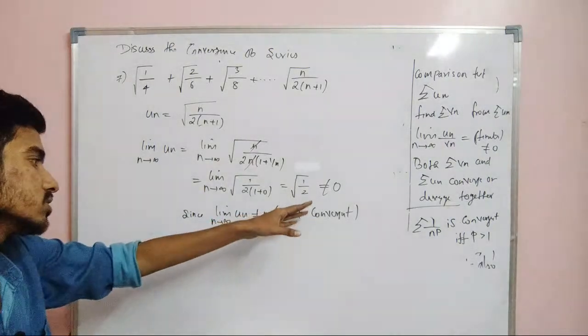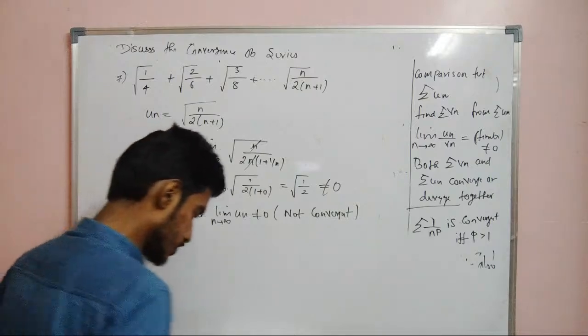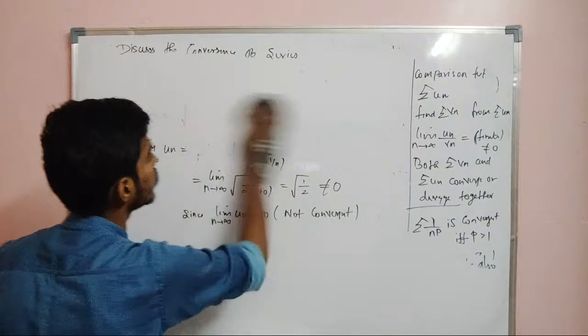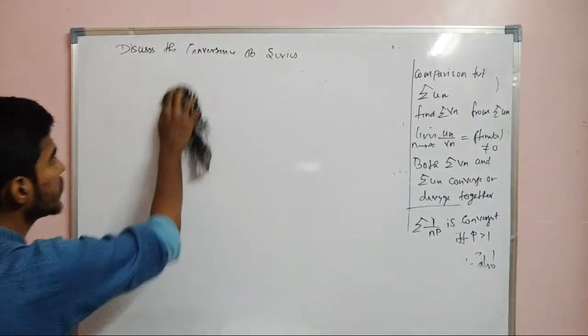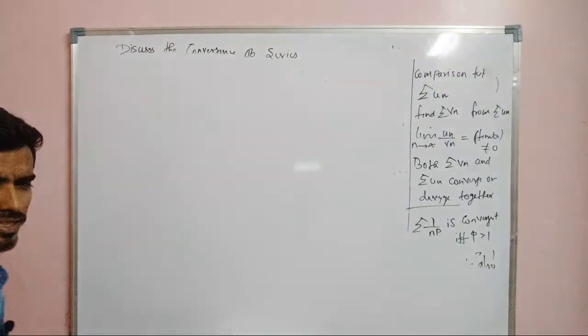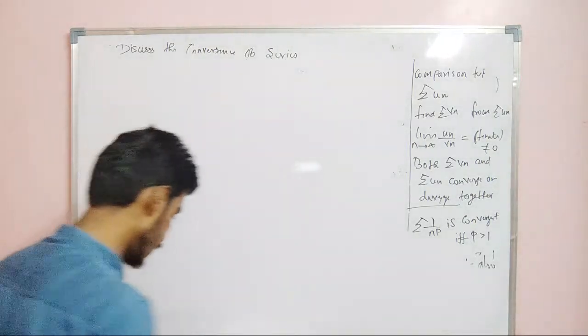But if it is not equal to 0, you can simply say straight away that it is not convergent. If limit n tends to infinity un is equal to 0 only, then the series may or may not be convergent. It can be convergent or divergent. But if it is not equal to 0, surely it is not convergent.